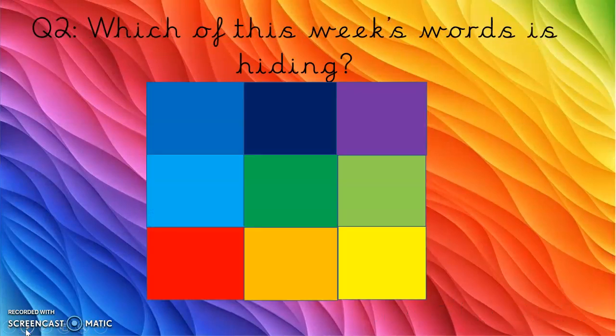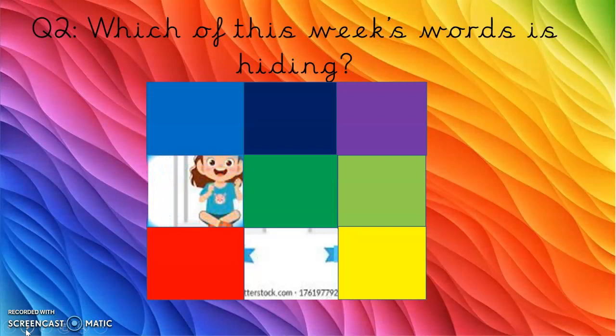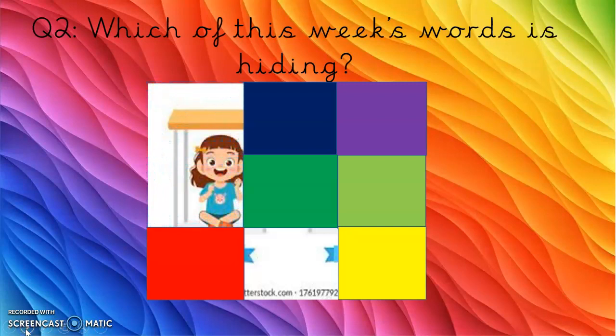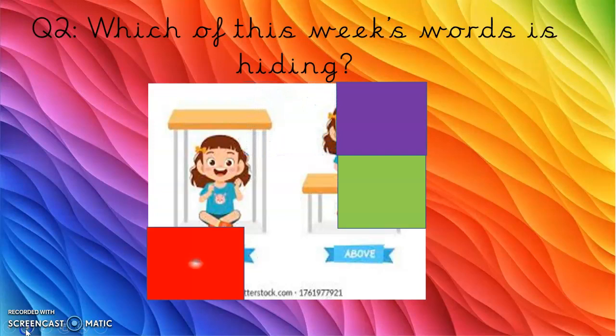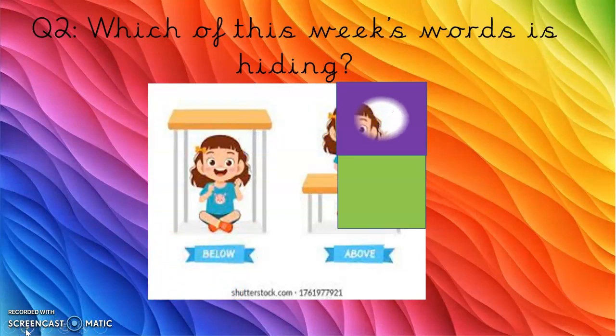Here's number 2. Which of this week's words are hiding now? A happy child? Who's under the table? Another table. That word says above. Oh, and the other word says below.